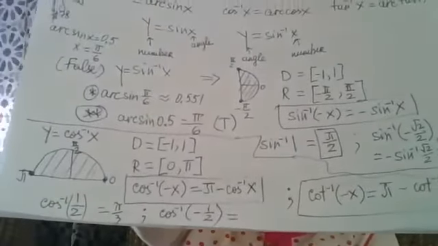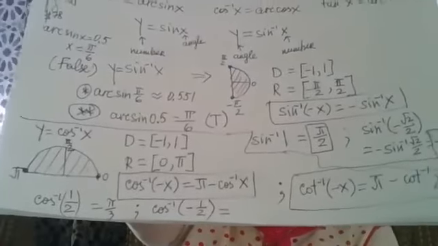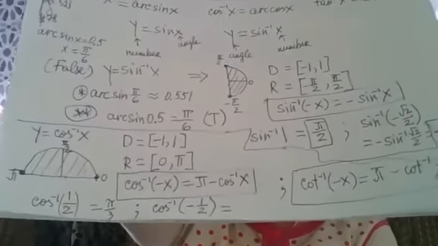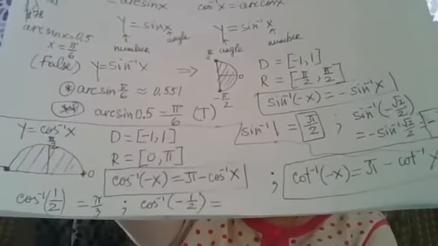Let's say that now we need to find arc cosine of negative 1/2. It means that this is the main angle for which cosine should be equal to negative 1/2. Definitely, this should be an angle from the second quadrant. So I'm going to apply that formula which I have in this box.